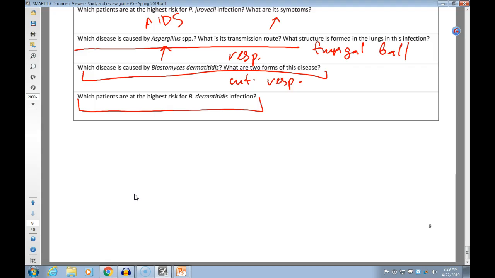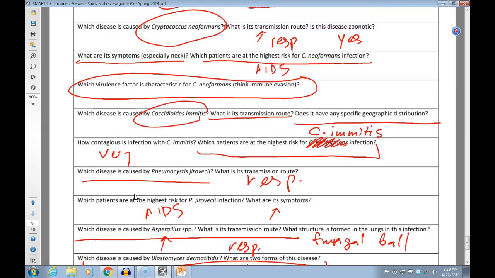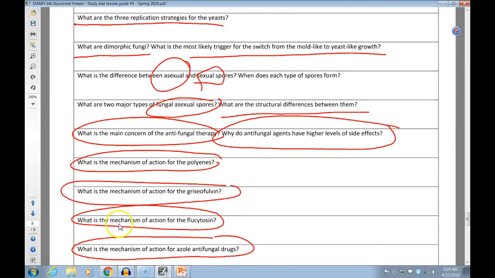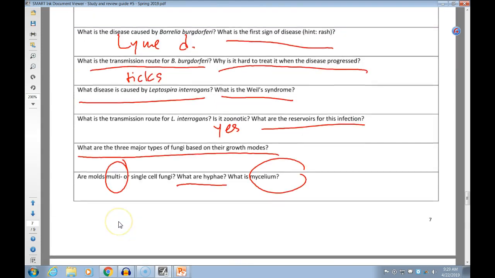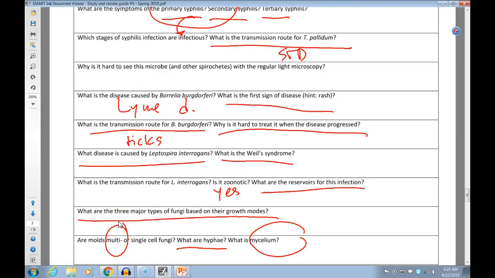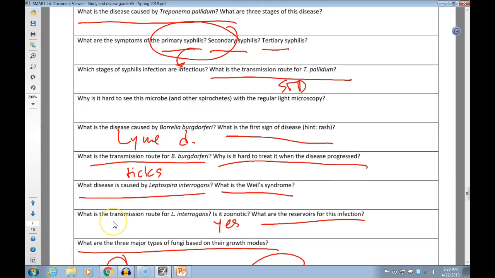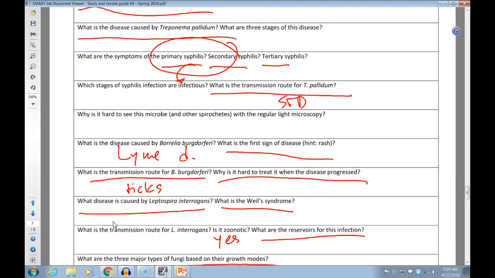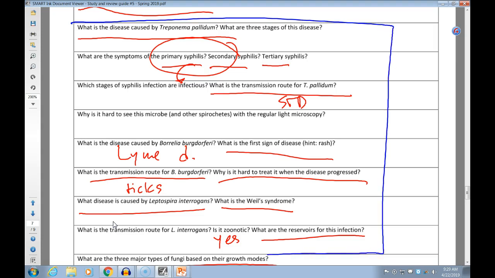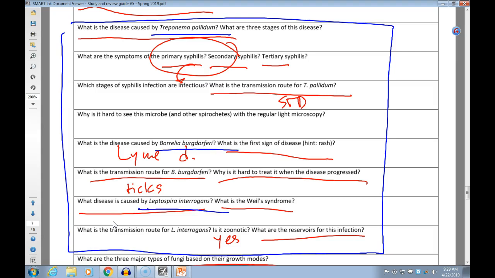One thing that I forgot to mention, and I want to mention it now, about these microorganisms: Treponema, Borrelia, Leptospira.